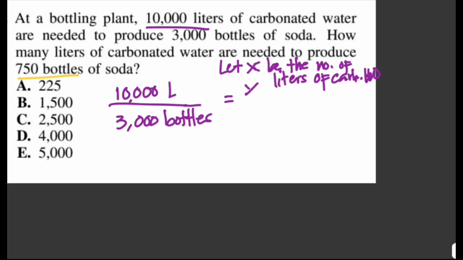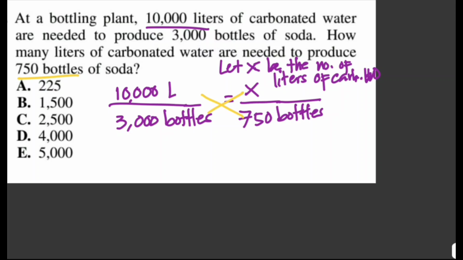So that would be X per 750 bottles. So this is our proportion now with the ratios of liters of carbonated water to bottles of soda.